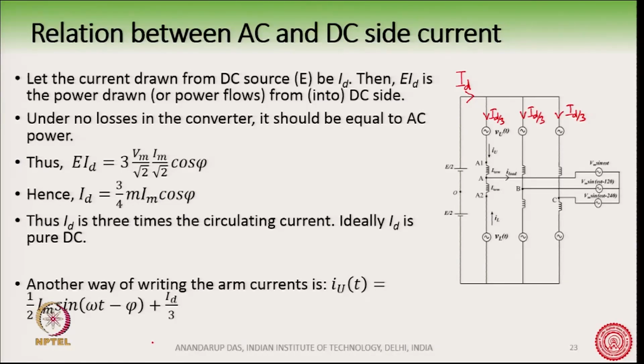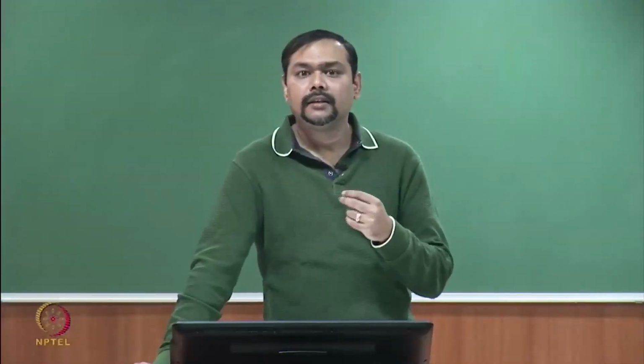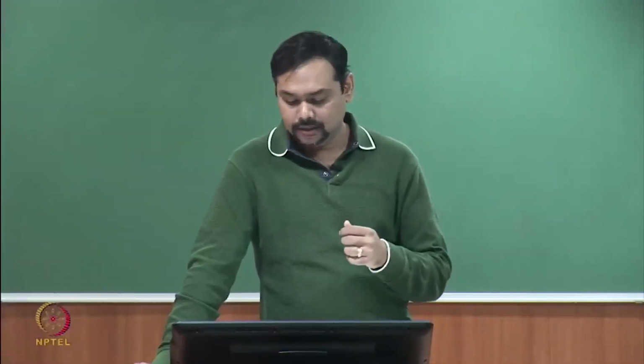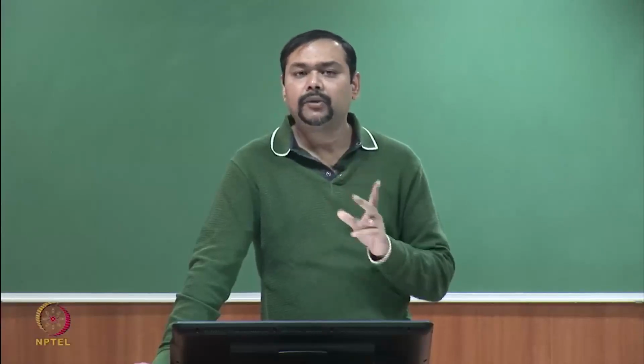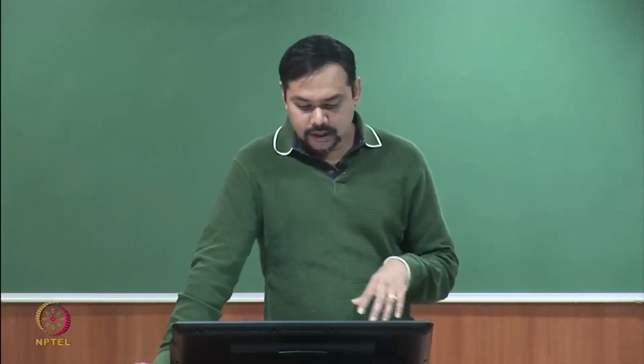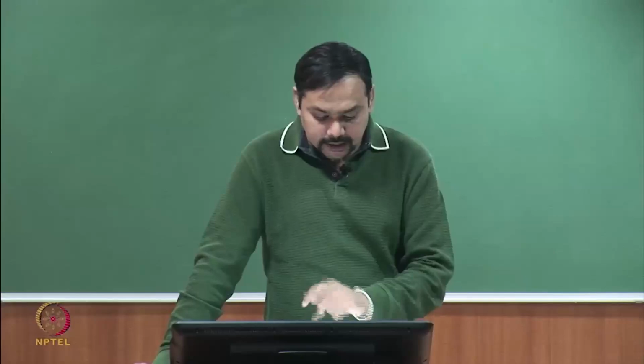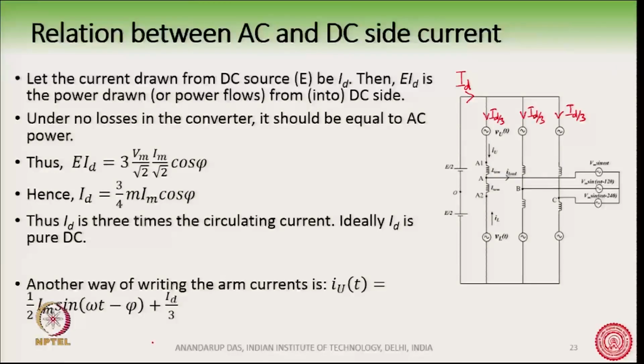Now, this ID by 3 can also be obtained in a different fashion, by seeing the power balance. So, let us see the power balance from the DC side and the AC side of the converter. Let the current drawn from the DC source be ID, which I have mentioned here.